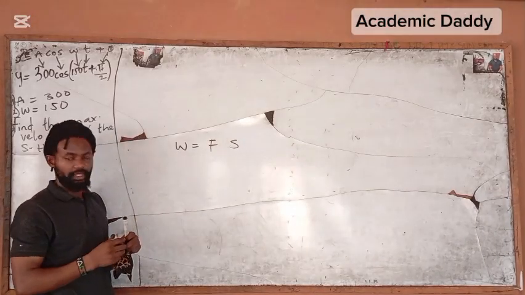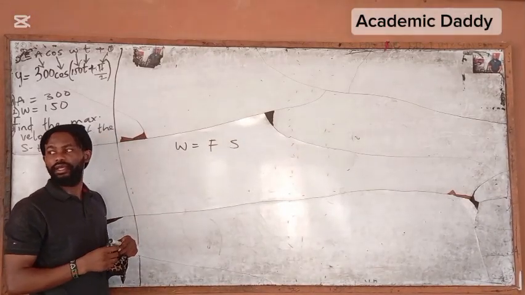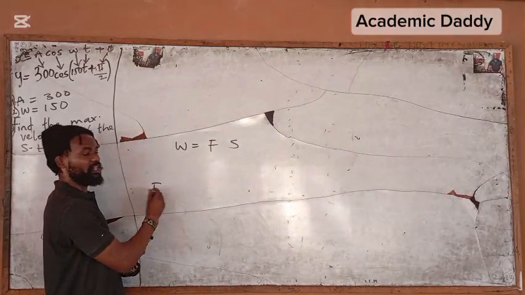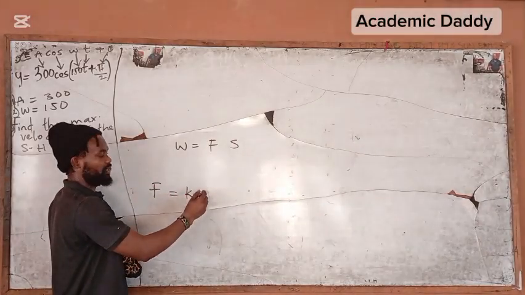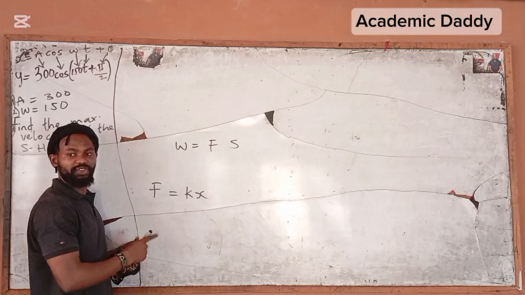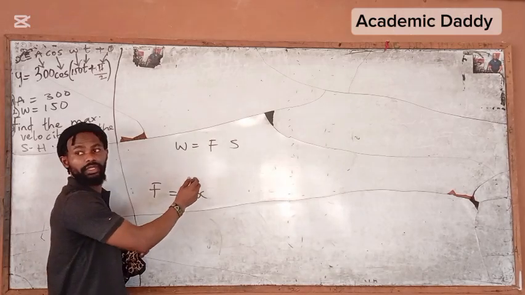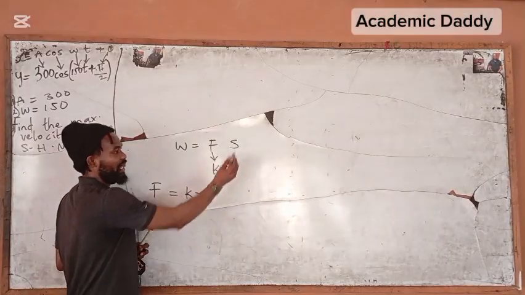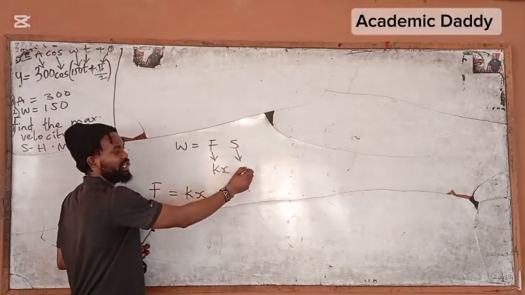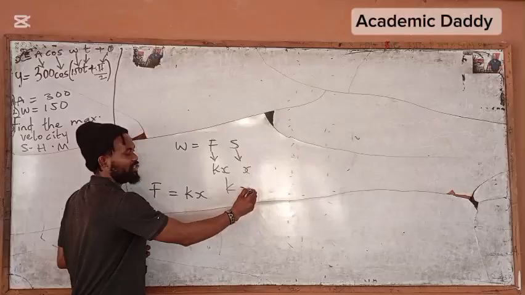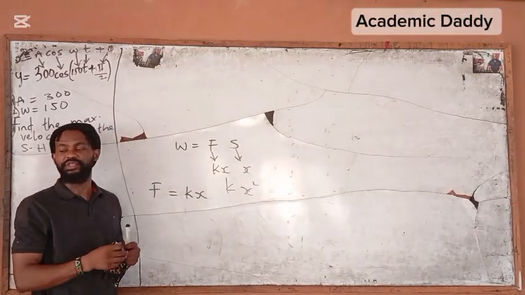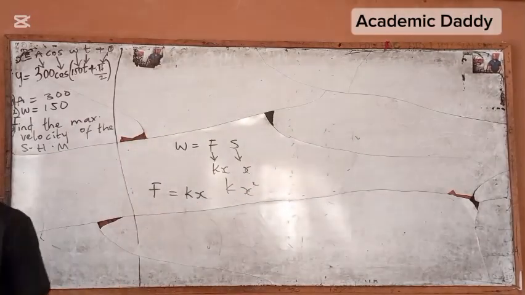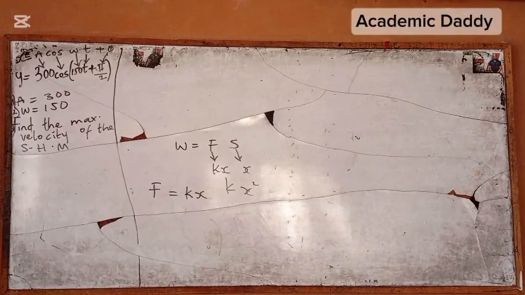Is it not true? Yes. And remember that when we started, we said that force is equal to kx. That is for a simple harmonic motion. So I can put this force to be kx, then for the displacement I'm using x again, so that I have kx squared. Somebody wants to ask me why I am using x? Remember I told you that for simple harmonic motion, I use either x or y for displacement. A is when I have amplitude, that's the maximum displacement.